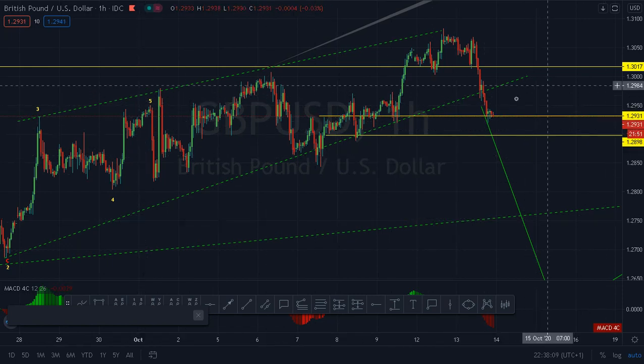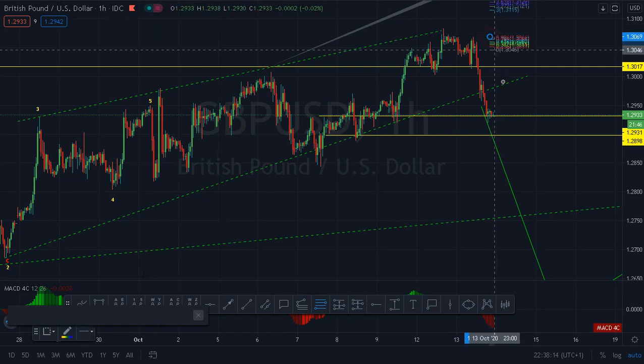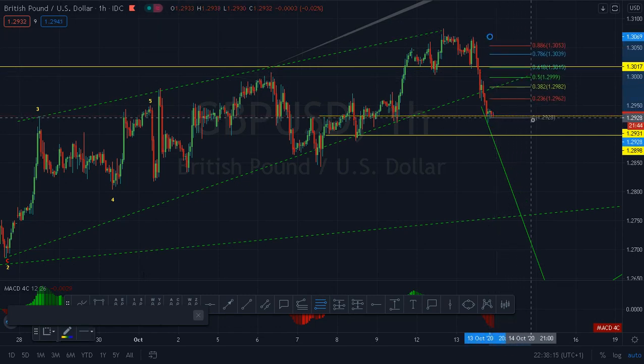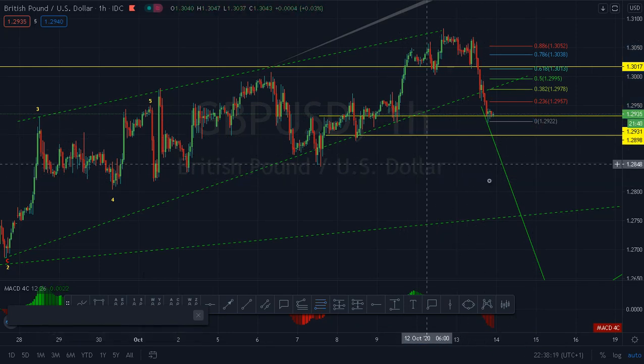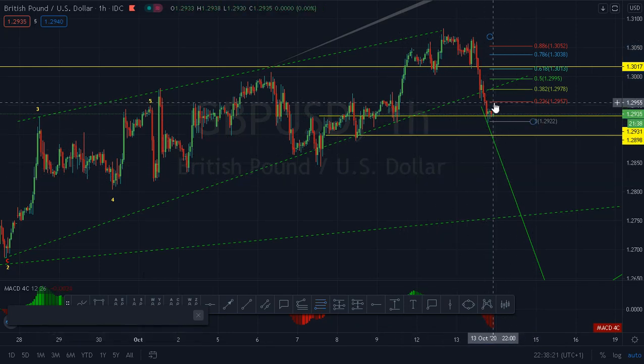This line has broken. Look for an entry on a pullback. So from here to here, if it is a pullback, it might end here, or it might form a flag here, then enter sell.